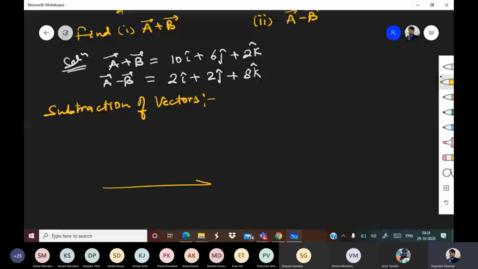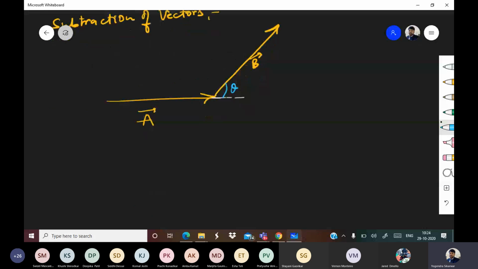Suppose you have one vector as A vector, another vector as B vector, and you want to know the value of A vector minus B vector. Here theta is the angle between A vector and B vector.